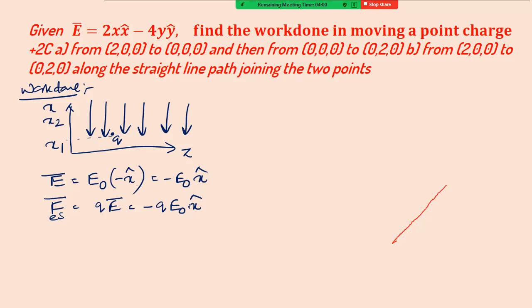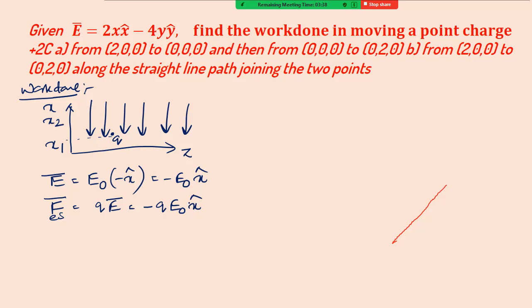Already one existing electric field is there, that is downwards, and due to that electric field some force is exerted on that particular charge q. Because charge q is positive, electric field direction and electrostatic force direction are both in the same direction. You can see the negative x direction only.